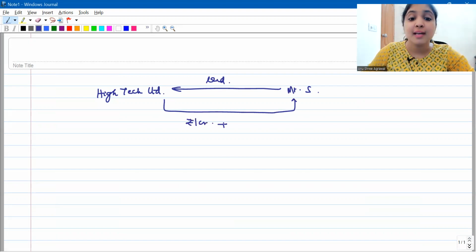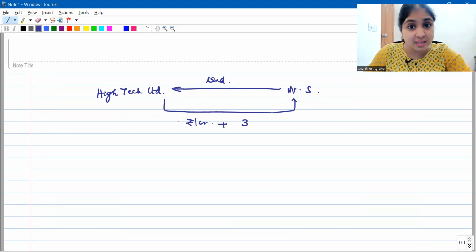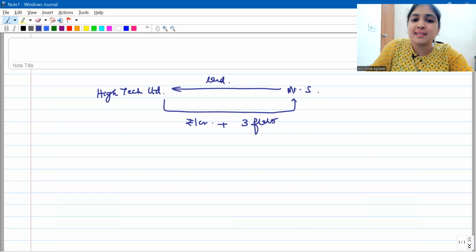And not only that, the question tells us that High-Tech Limited will give Mr. Sakshar 3 flats in the society, 1 crore rupees cash and 3 flats in the society. Mr. S has transferred a plot of land to High-Tech Limited. High-Tech Limited is a real estate development company. High-Tech Limited is going to develop flats on this land, and out of the flats, 3 flats will be given to Mr. S along with 1 crore rupees.